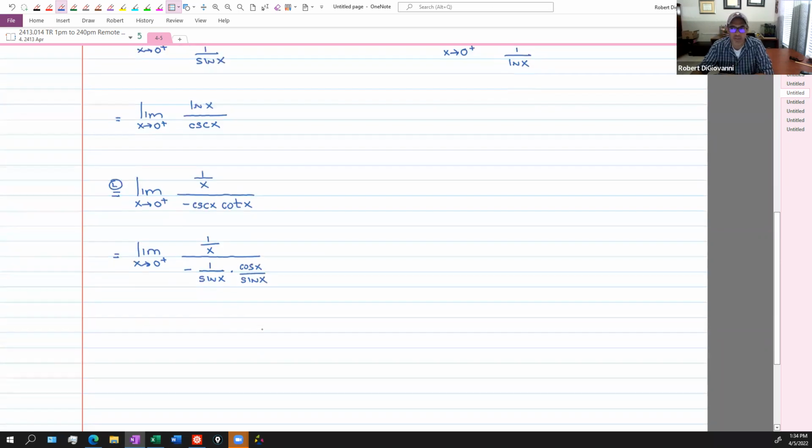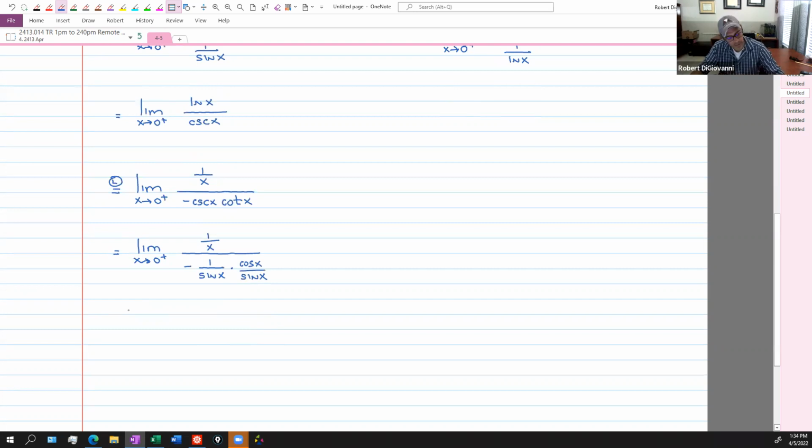All I'm doing is just trying to make this a little easier to look at. This is equal to limit as x approaches 0 from the right of 1 over x over negative cosine of x over sine squared of x. Boy, this looks like it's getting bad, huh? All I did there was put these two fractions together, multiplied across.